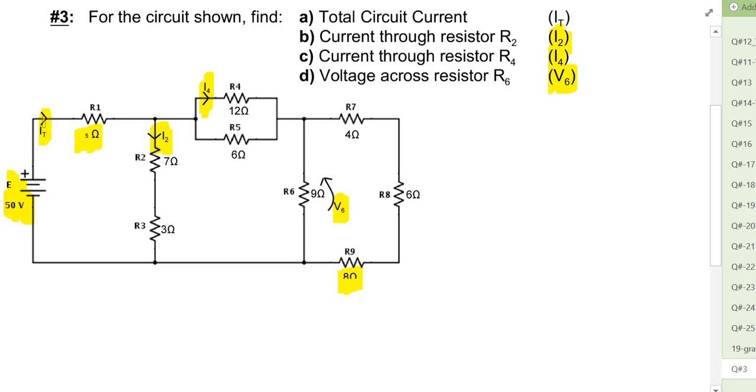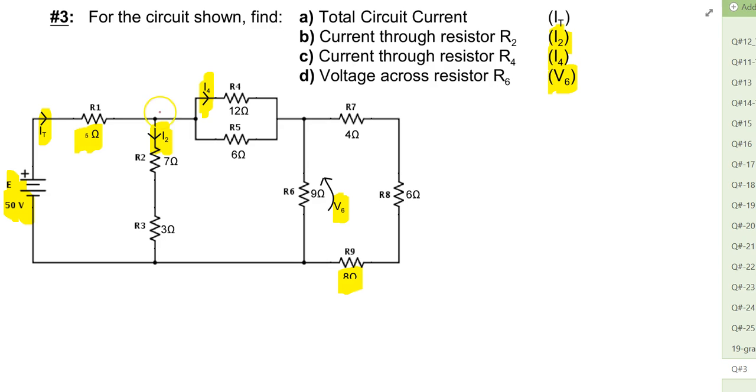Now, one of the things that you might find makes this a little bit easier is we generally define each point in a circuit with 3 or more resistors connected to be a junction or a node.